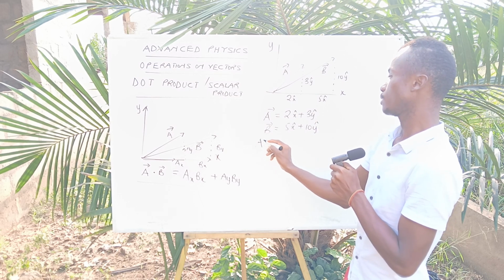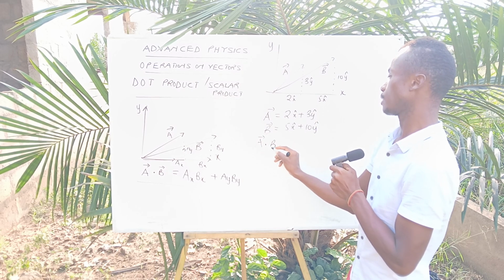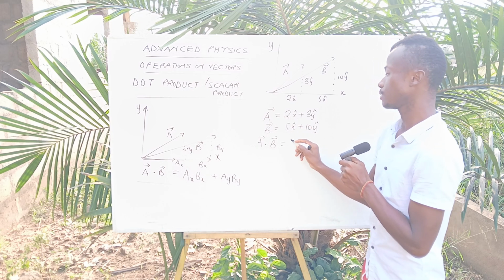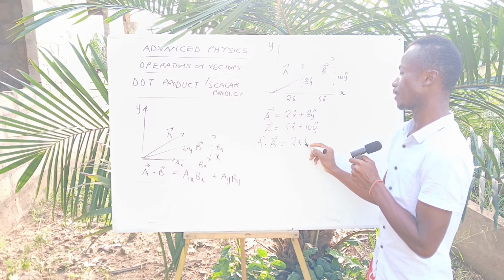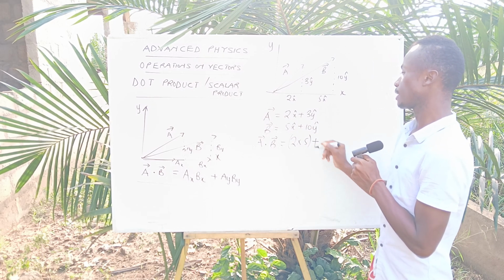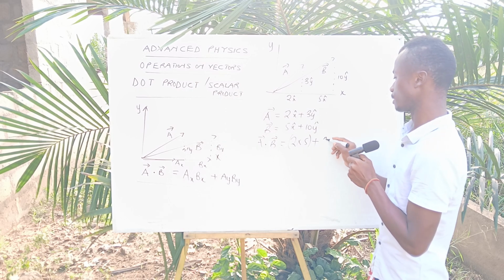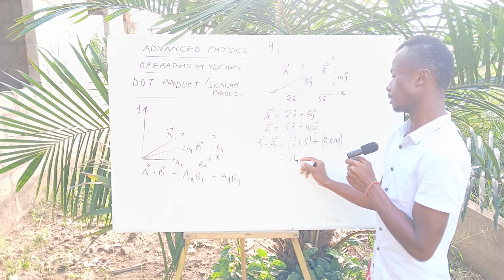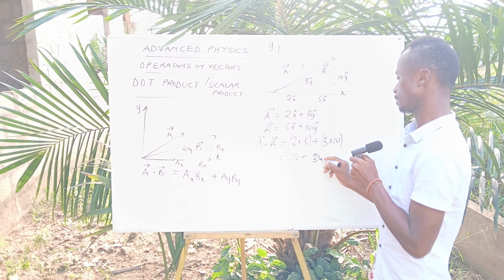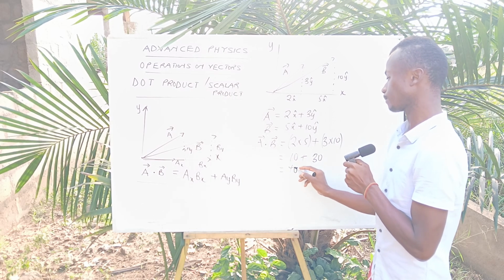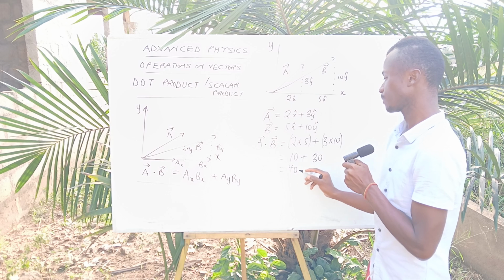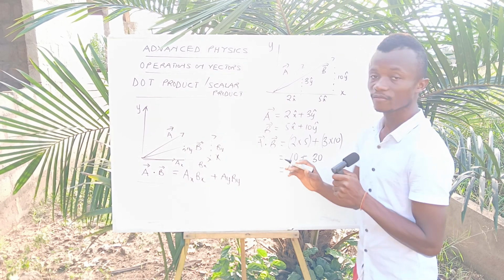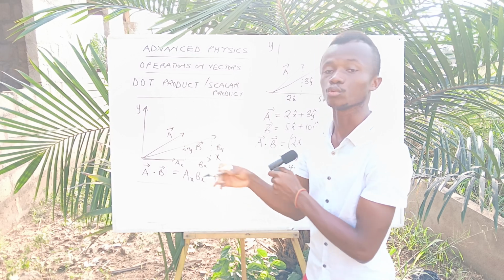Then you are to find A dot B. That is by multiplying the x component, 2 times 5, and then adding it to the multiplication of the y component, that is 3 times 10. And that is equal to 10, and then plus 30. Then you have 40. 40 what? Unit. Now, if it is work done, there need to be 40 joules.